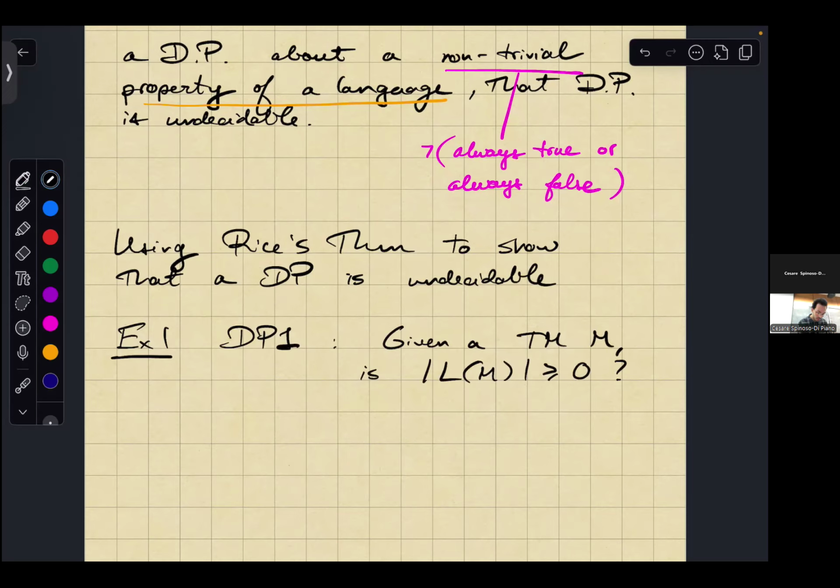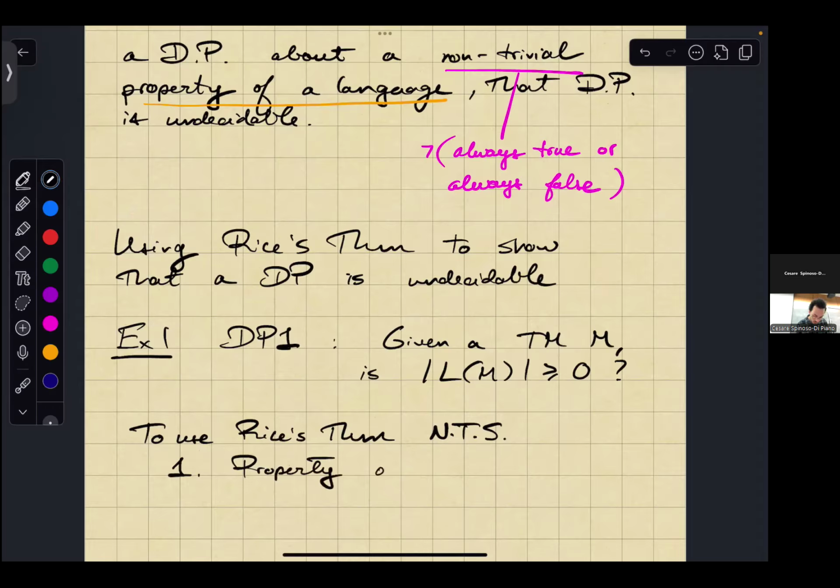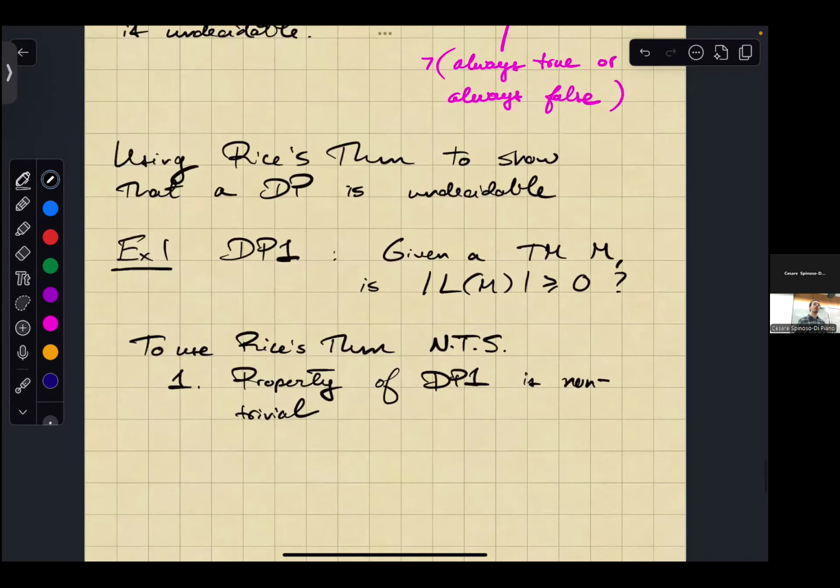To use Rice's theorem, I need to show, one, that the property of the decision problem, so of DP1 in this case, is non-trivial, so it's not always true or it's not always false. And two, I want to show that it's actually a property of a language.